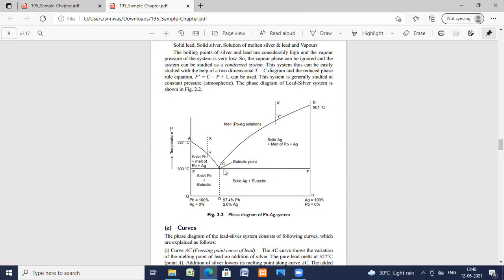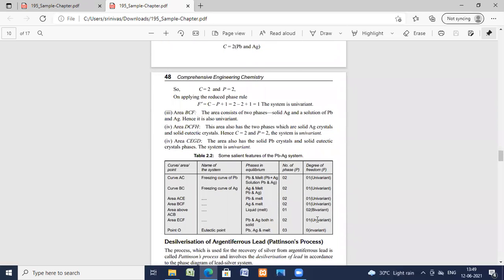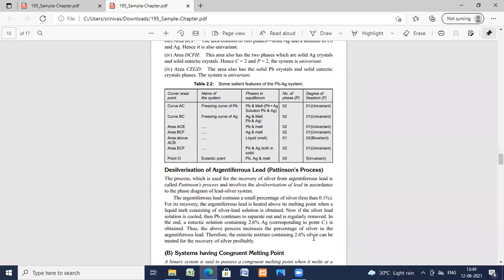Only for one area, above ACB, you are getting a bivariant system. And at point C, we are getting the eutectic mixture, the eutectic point. Here, all are invariant except the liquid area above, which is bivariant. And the eutectic mixture is an invariant system.